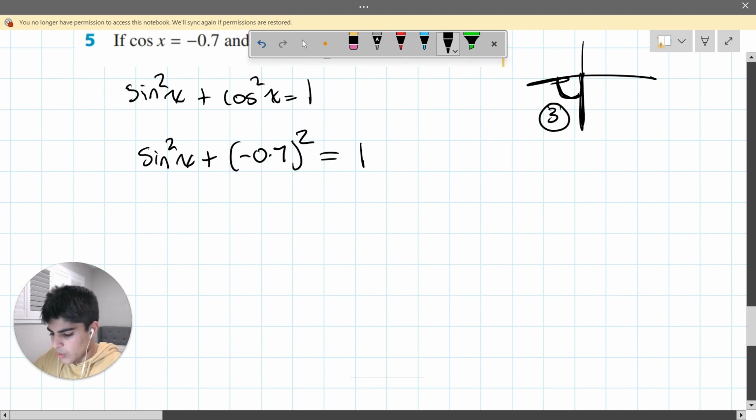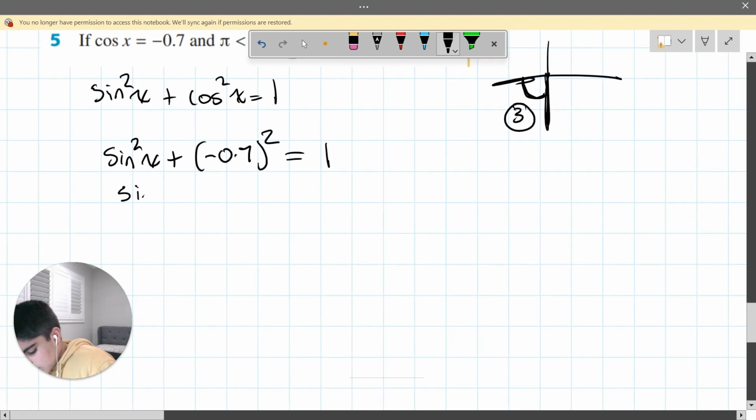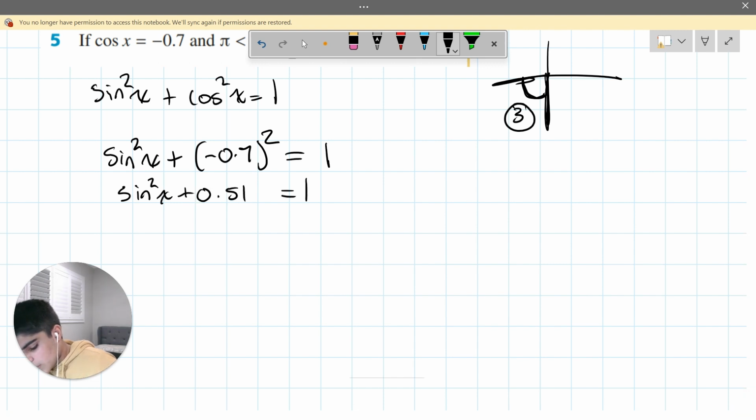Negative 0.7 squared equals sine squared x plus 0.49 equals 1. Sorry, 0.49 equals 1. So sine squared x, let's subtract this from both sides.